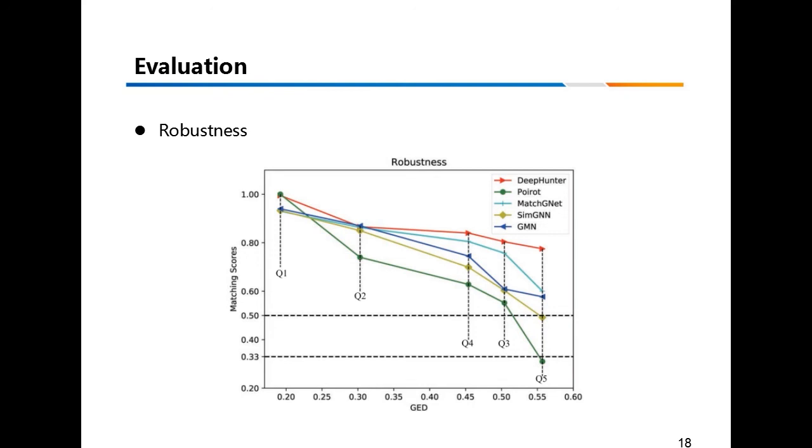Moreover, as the degree of the inconsistency increases, all matching scores decrease, but the curve of DeepHunter is more stable. On the contrary, the curve of Parrot drops faster than the GNN-based graph matching models. Even worse, the matching score calculated by Parrot is less than its threshold in the most inconsistent scenario, Q5 plus ETW, which means that Parrot fails to identify this attack.